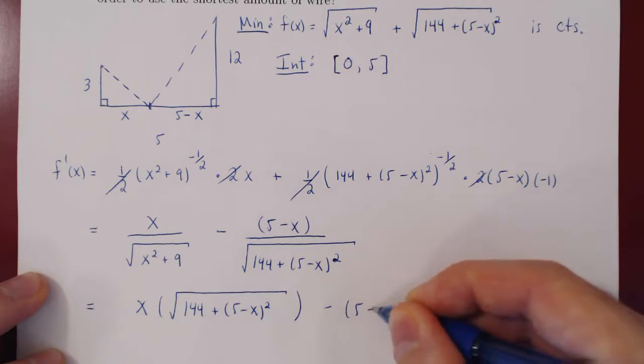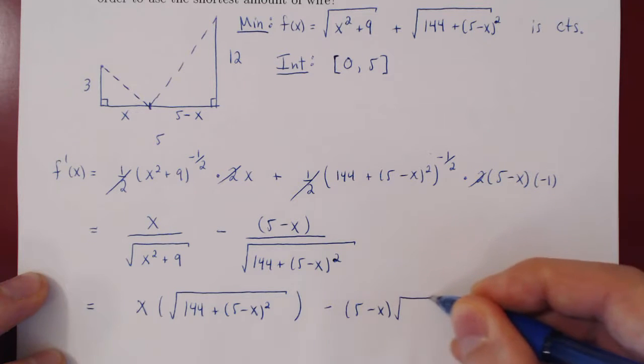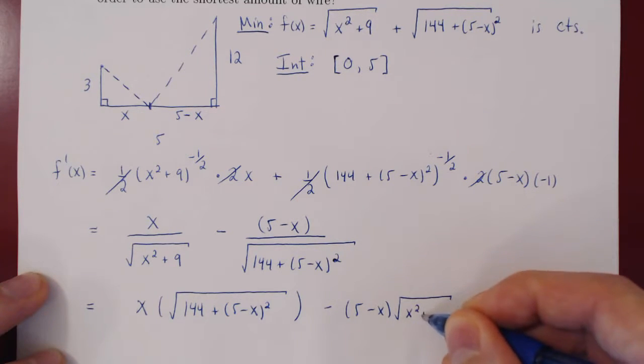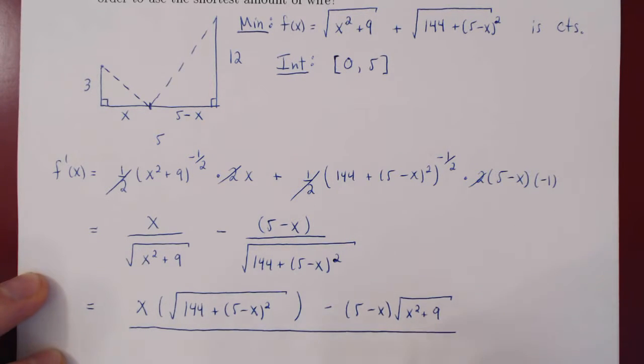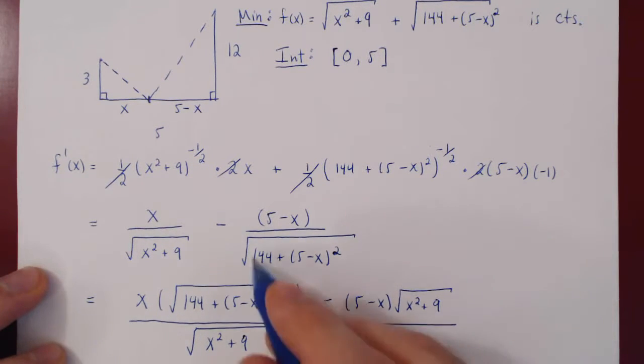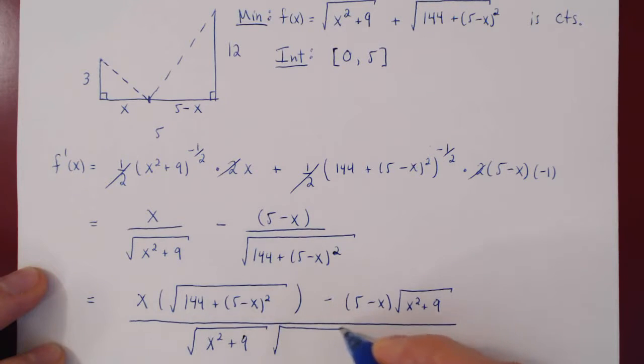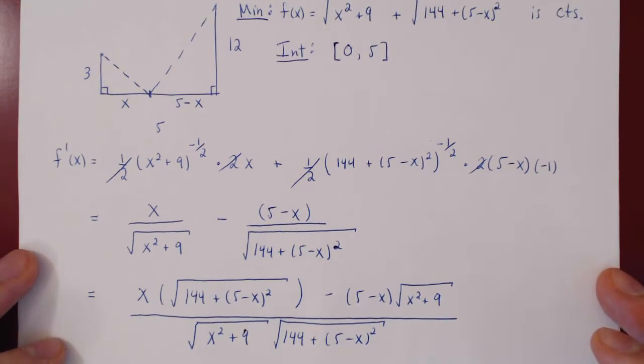So minus 5 minus x times the square root of x squared plus 9, all over the square root of x squared plus 9 times the square root of 144 plus 5 minus x all squared. And now we have our derivative as a single fraction.